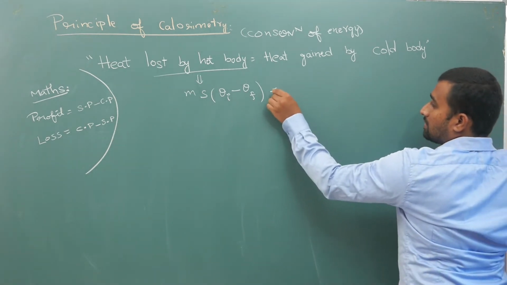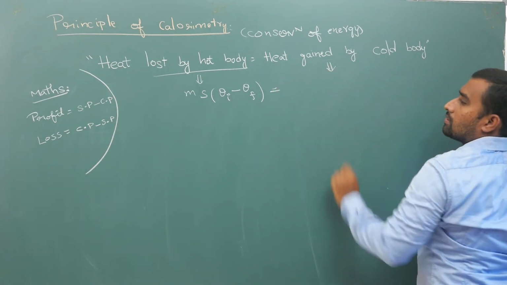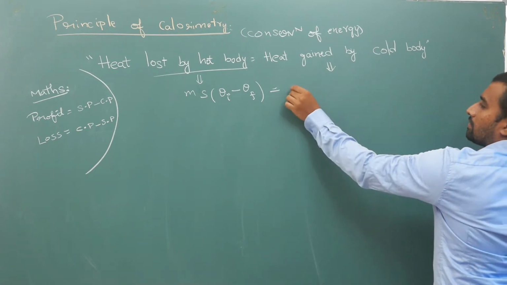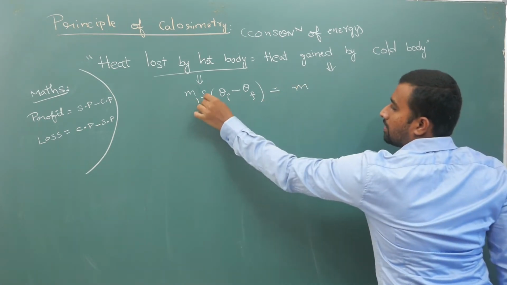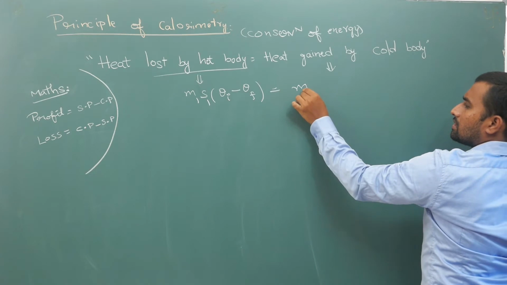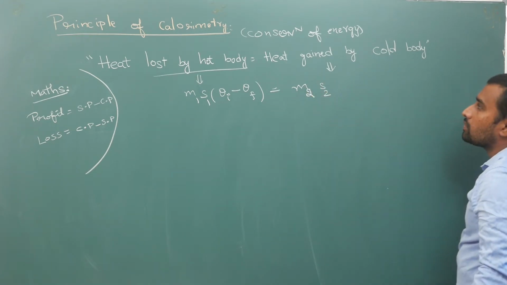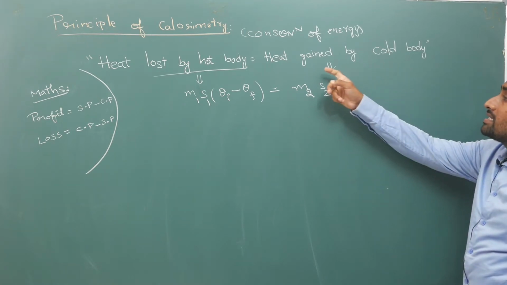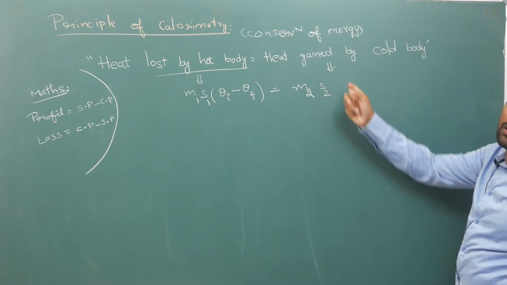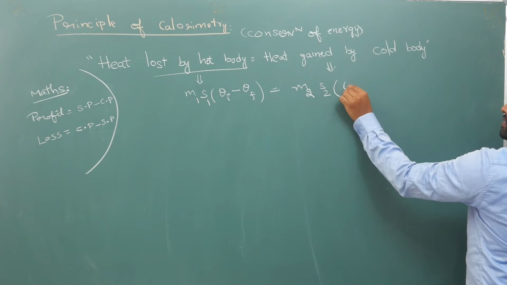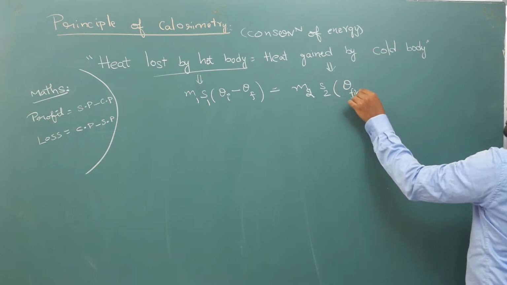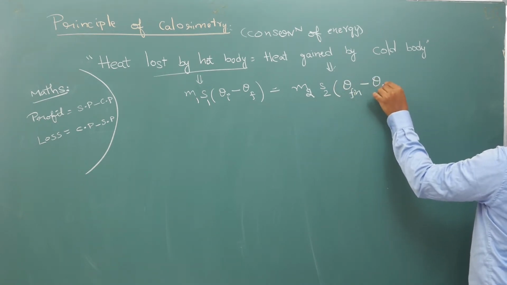Now this must be equal to, whatever the hot body is, if it is some M1 S1, then this will become some M2 into specific heat S2 into, this is the cold body, it is gaining. Gaining means the final value is more. So you have to write theta final minus theta initial.